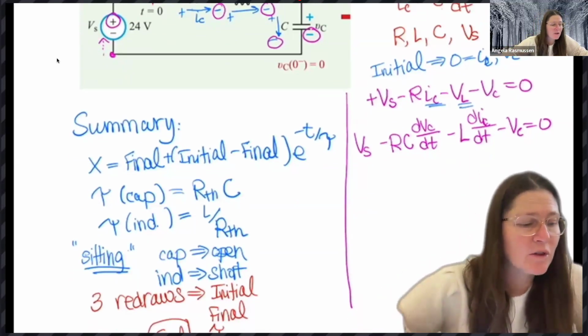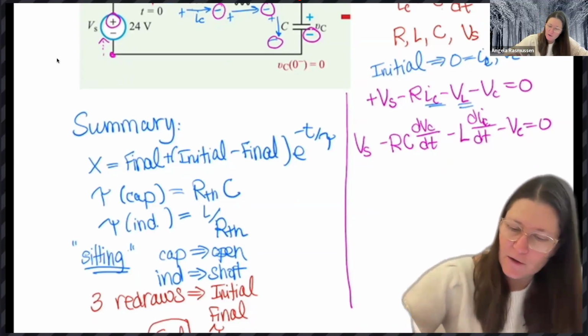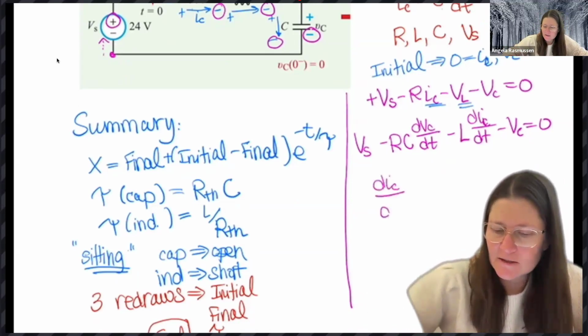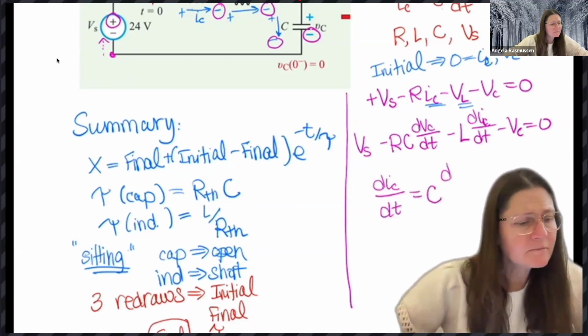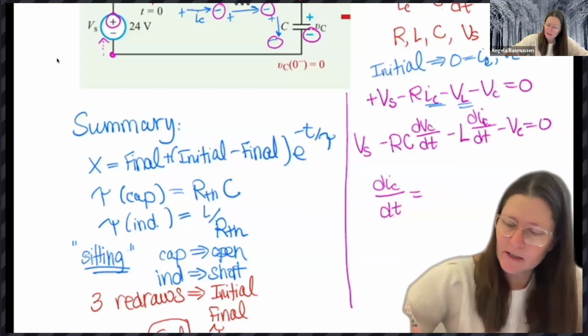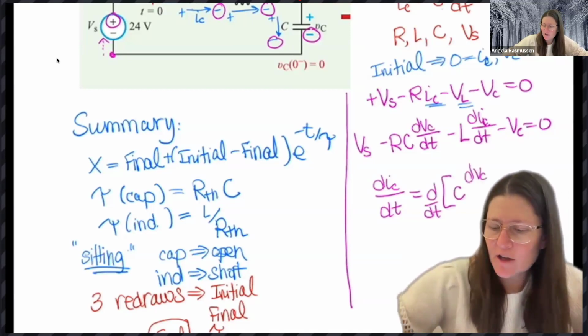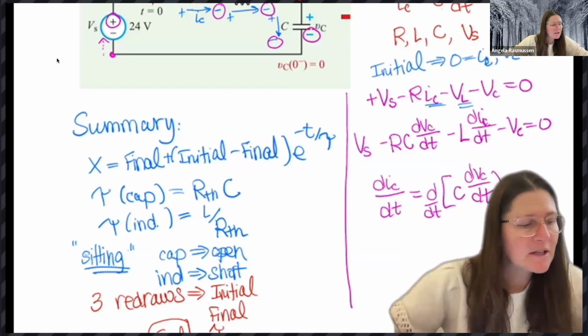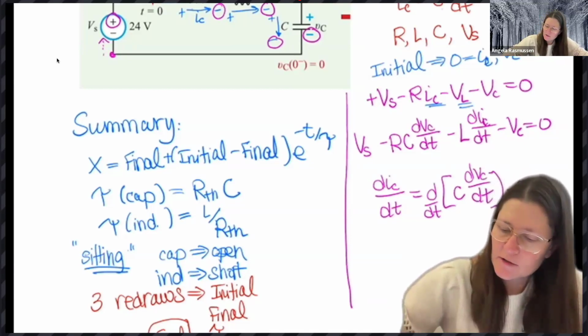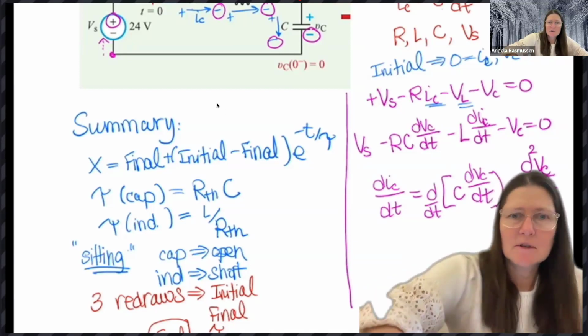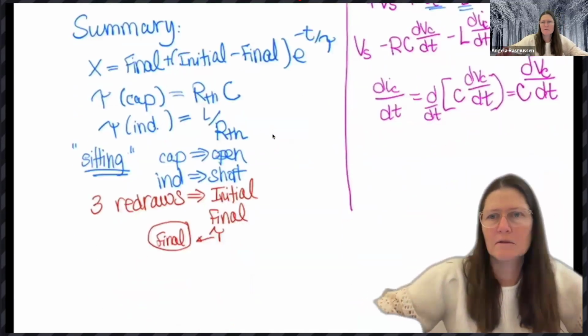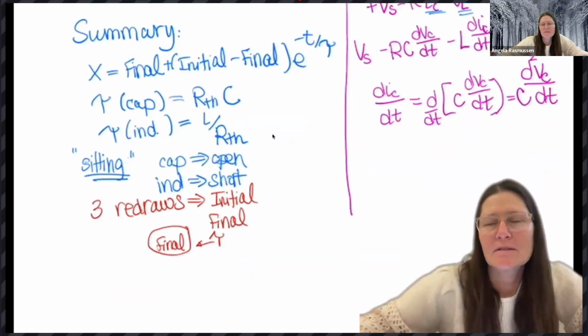Note that if I take the derivative of dIC/dt, write it this way. And then if I differentiate the other side, C is a constant, so that will come out, and this becomes d squared VC/dt squared.